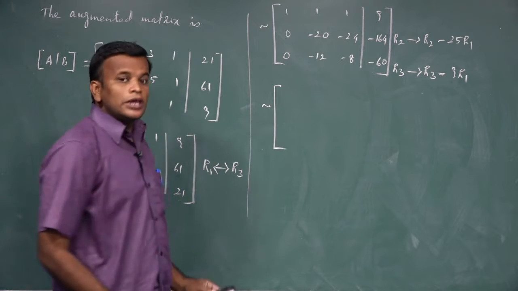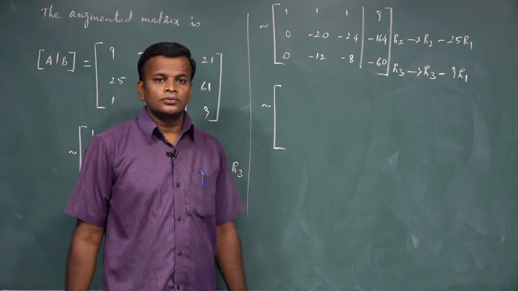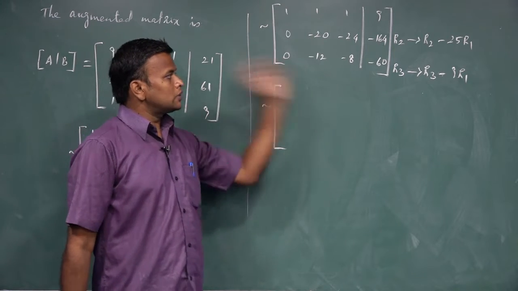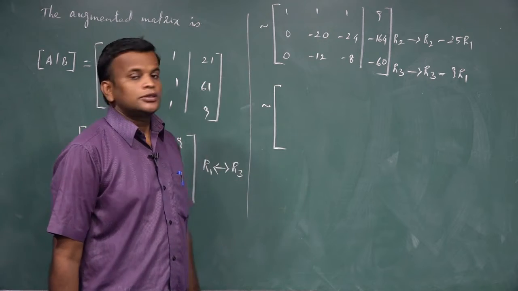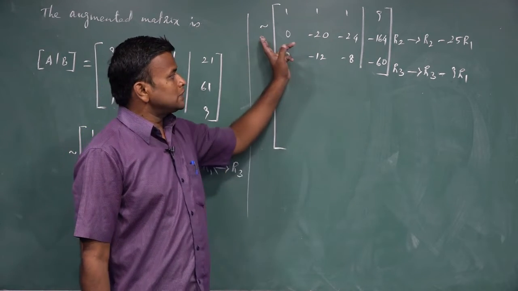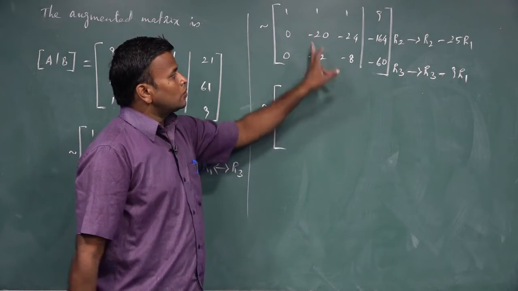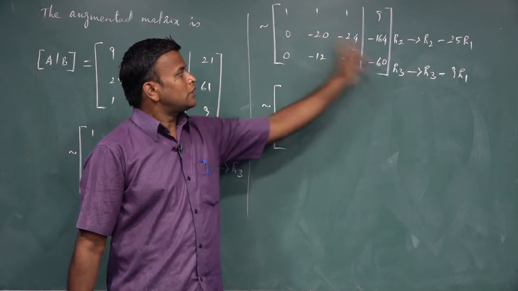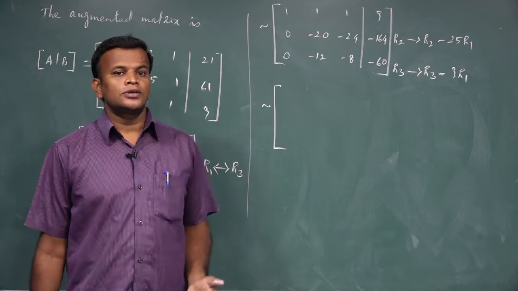The next motive is to convert at least this element to 0. But you see in the second row and third row, one number is common. First of all, minus is common in the second row and third row fully. And also in the second row, the number 4 is common in all the elements. Our simplification is easy.